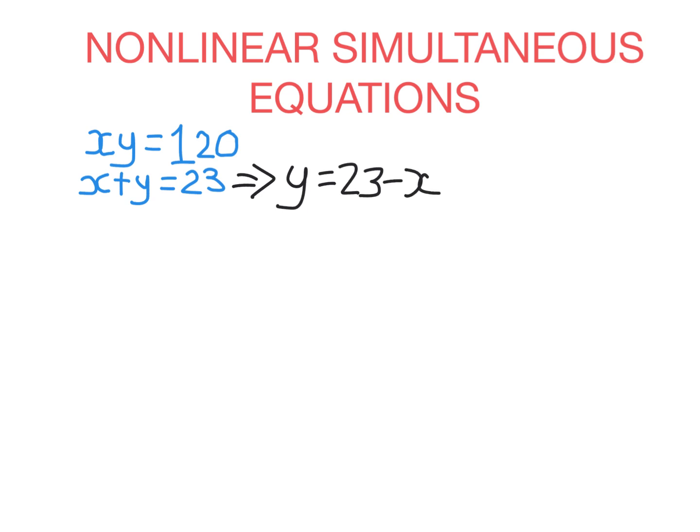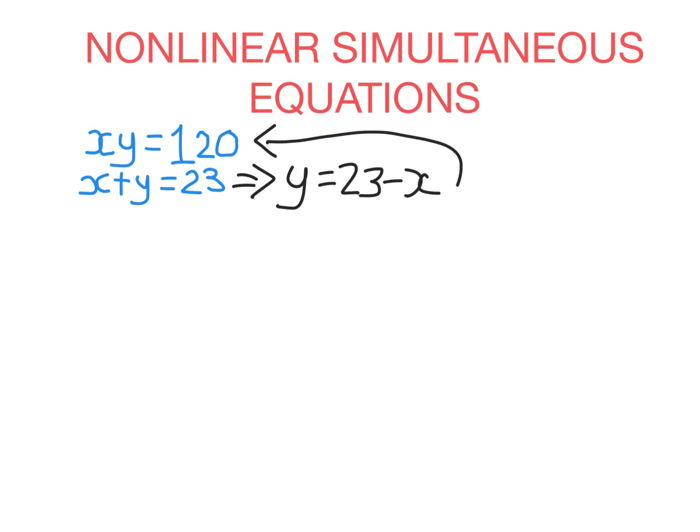Then I'm going to substitute this into the top equation. The principle here is the same. We're essentially using substitution or elimination to reduce a system of two equations and two variables into one equation and one variable. So if I substitute this equation into this one, I will do just that.